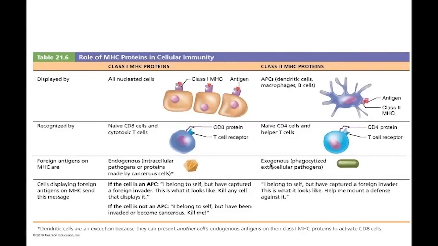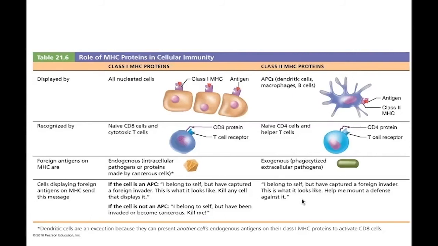The type of antigens that are expressed or bound to MHC class II are what we call exogenous antigens. Remember that dendritic cells and macrophages are phagocytic cells, and they eat an external cell. They bring it in, they break it down, they take molecules of what they've broken down, and they can bind those to MHC class IIs, and these molecules can function as antigens.